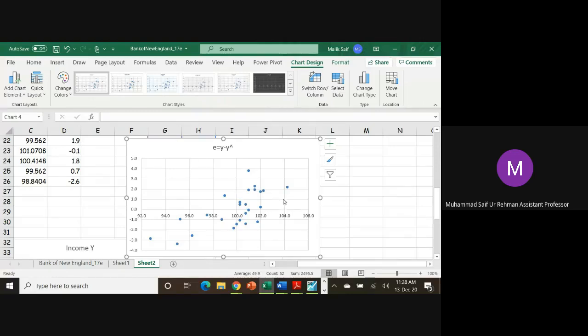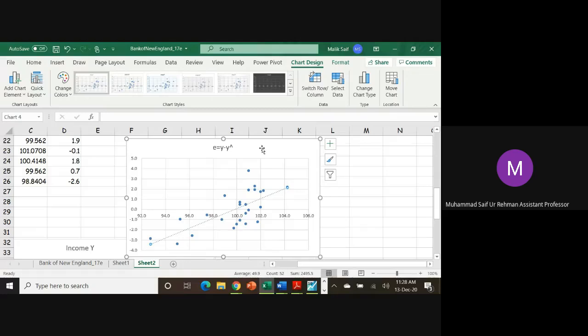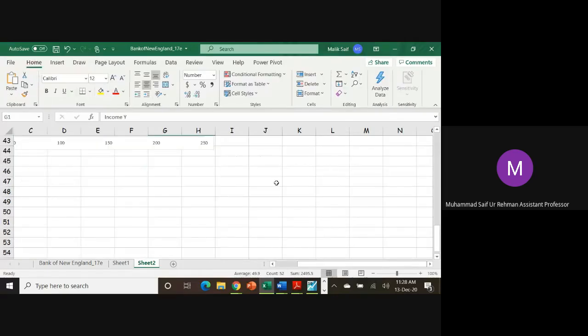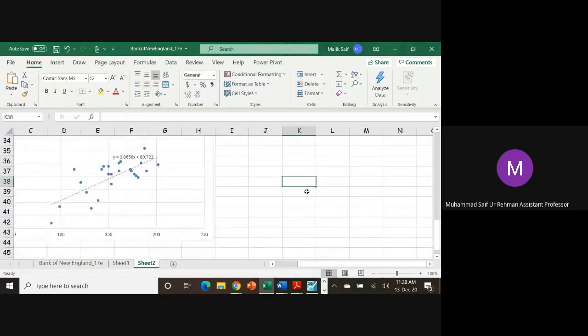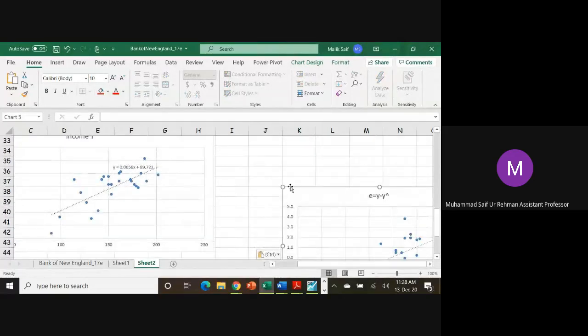This is the graph, and if I add a trend line in this, this is the trend line. So now take this graph with you, come down, paste it here, and compare these two graphs.